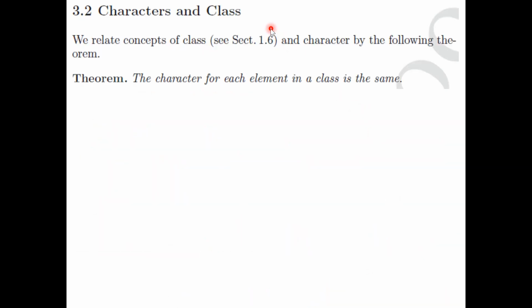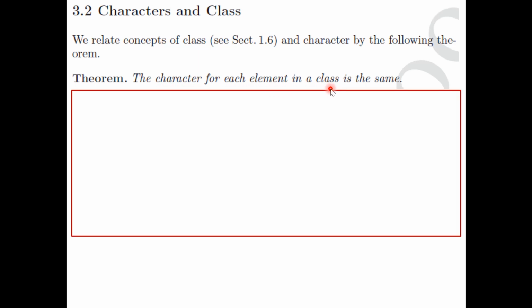So there is a very important result relating characters and classes, which is a theorem which says that the character for each element in a class is the same. So all the group elements that belong to the same class have the same character. Their matrices will have the same trace.